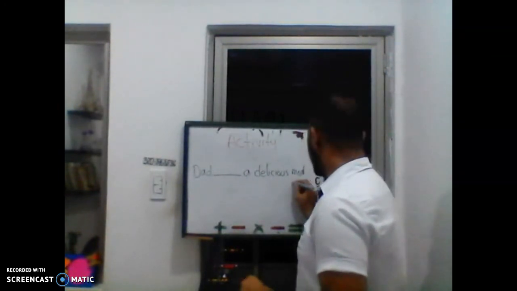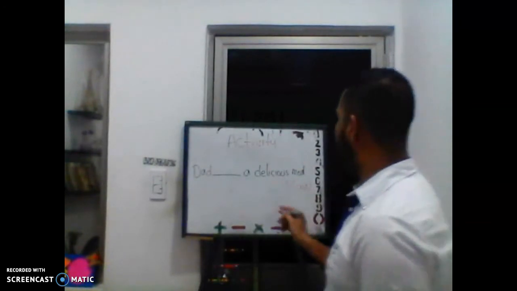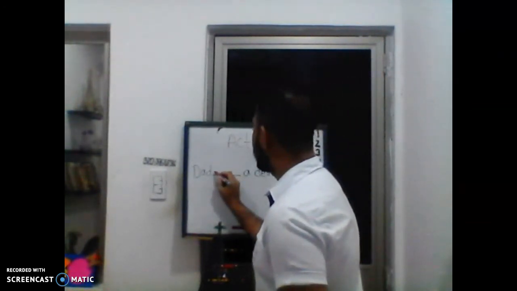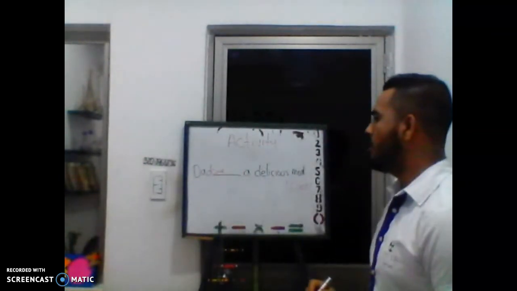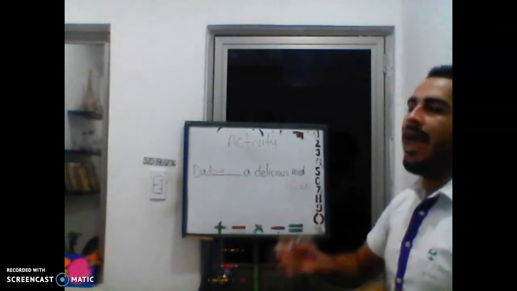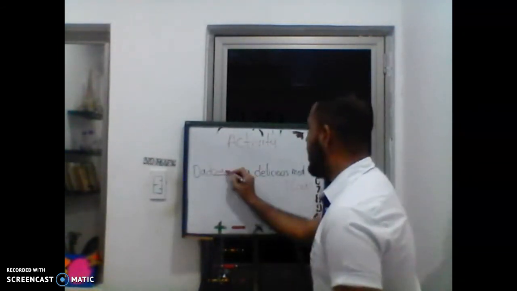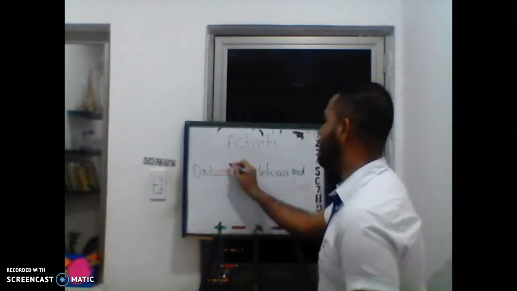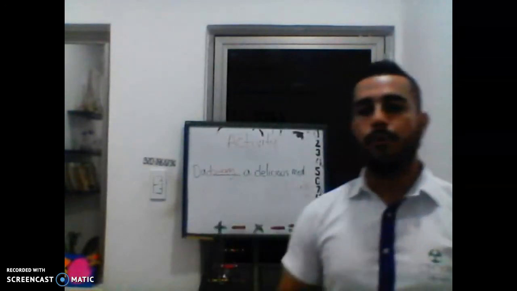The verb is cook. I need to add in the space, cook. Very good. What happened? Yes, alright. I need the present progressive ING. Very good.